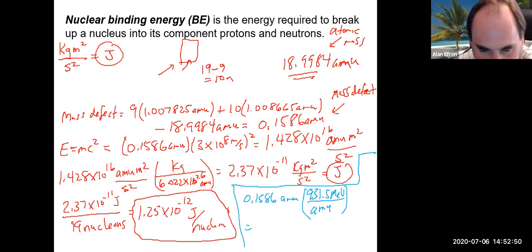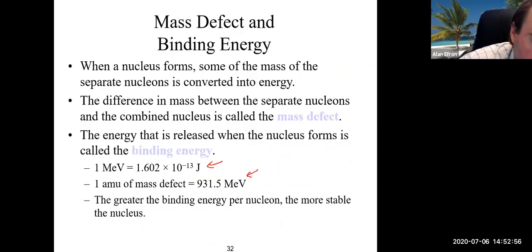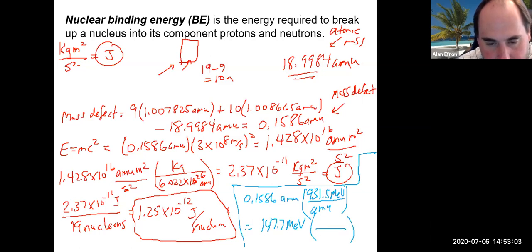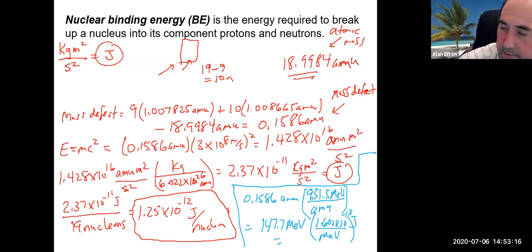147.7. And if we want to use our joule conversion, 1.602 times 10 to the minus 13, we will get, as you can see, hopefully the exact same number as we had previously, that 2.37 times 10 to the minus 11.